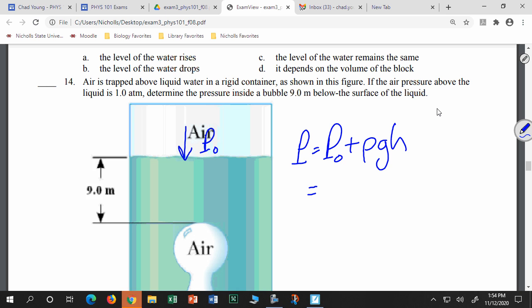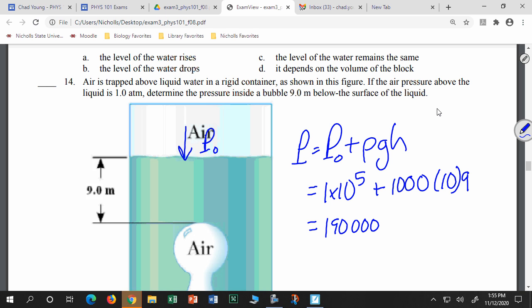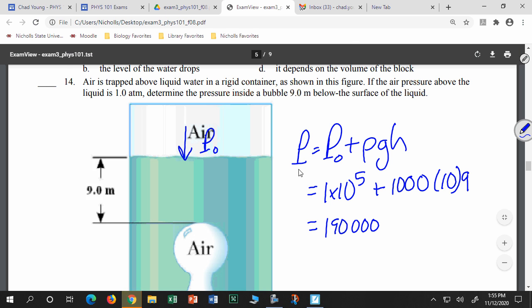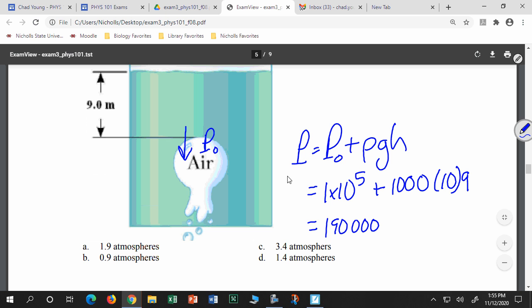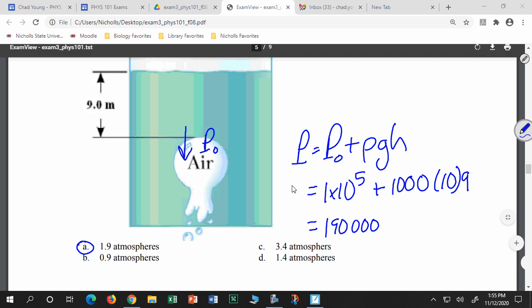That is P naught, which is 1 times 10 to the 5th, plus 1,000 times 10 times 9, and so that's 90,000, 190,000 pascals, which is 1.9 atmospheres.